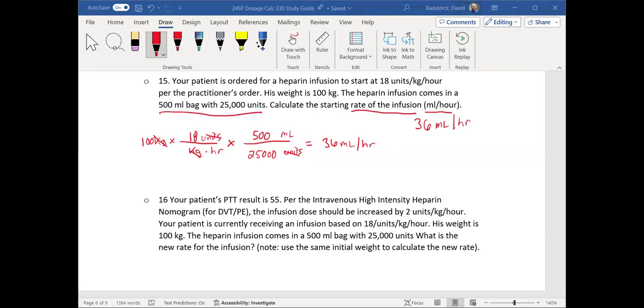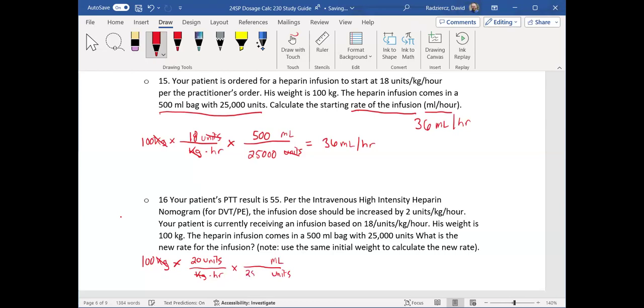So let's write that out just in case you want to see it. 100 kilograms. Now it originally was 18 units, but now we've increased it. And then the same thing, we want to convert units per hour to milliliters per hour.